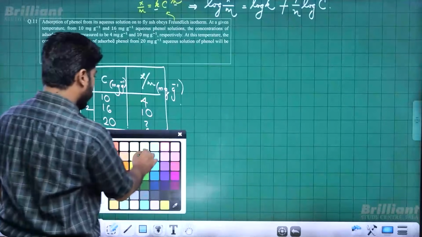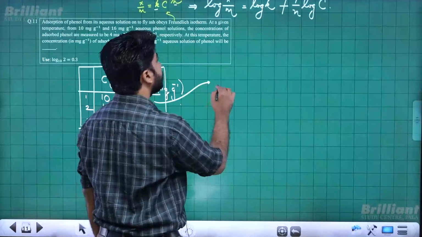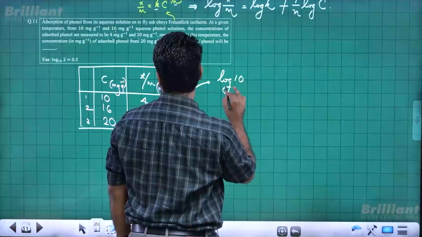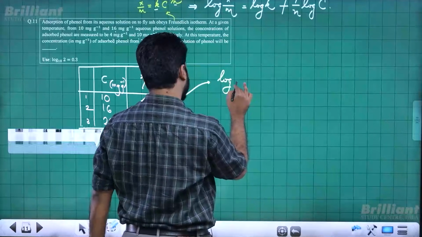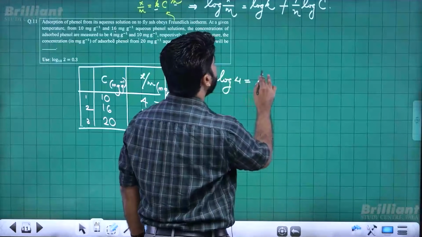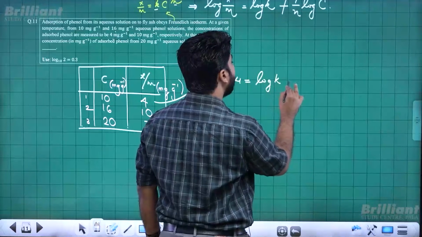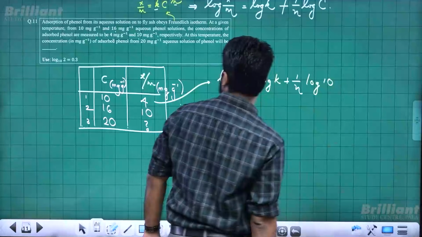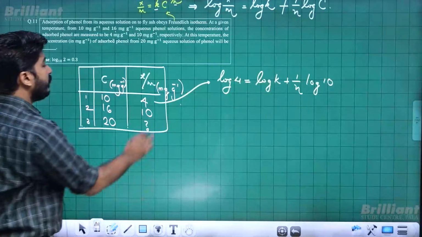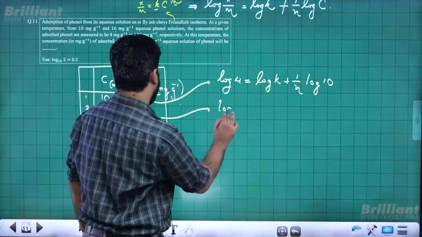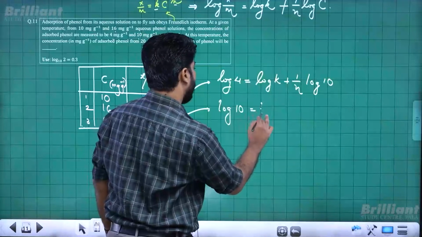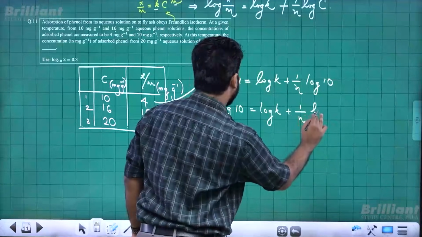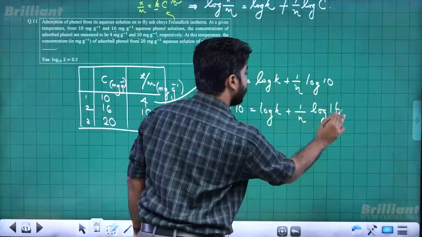Okay. So for the first entry, let's make the equation: X by M is 4, so log 4 is equal to log K plus 1 by N log 10. For the second entry, log 10 is equal to log K plus 1 by N log 16.